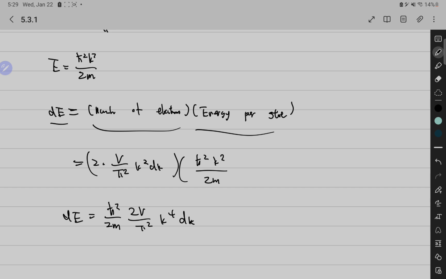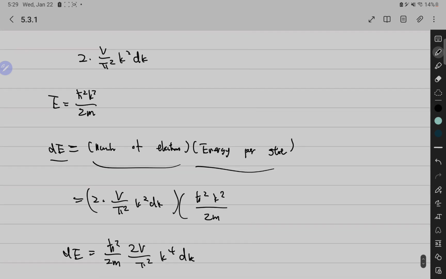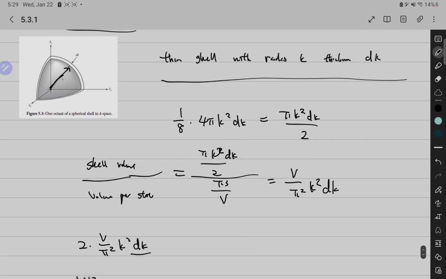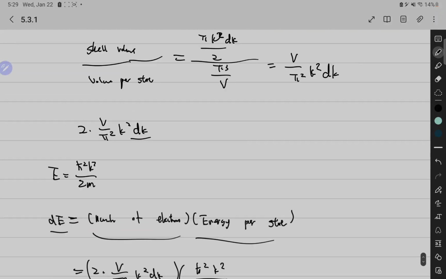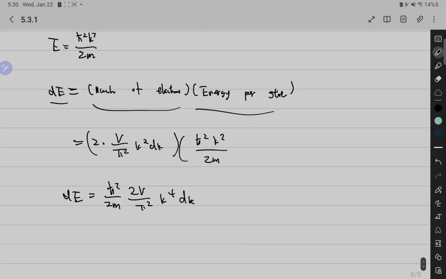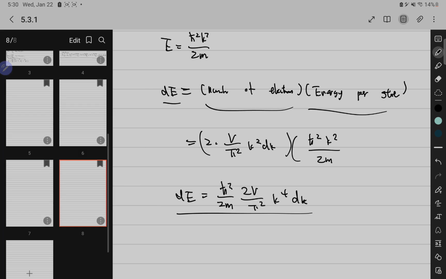And we have dE here because we're looking at the total energy of an infinitely thin shell, just like how we have dk defined for the radius, to have an infinitely thin radius, if you like to call it that. Then each little section of this thin shell contains this amount of energy, and this is given by how many electrons you have within this thin shell and how much energy each state carries in this thin shell.